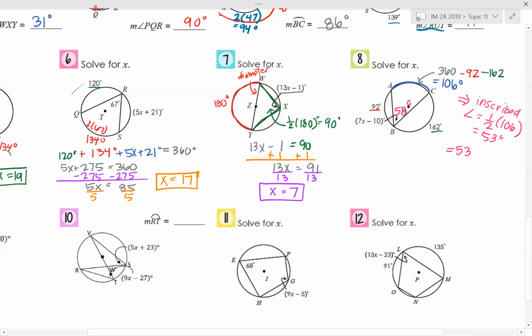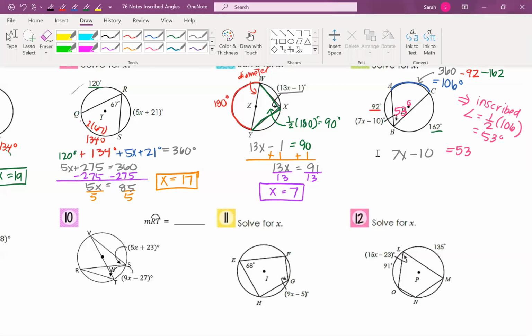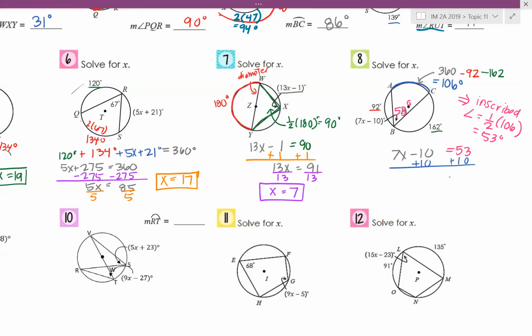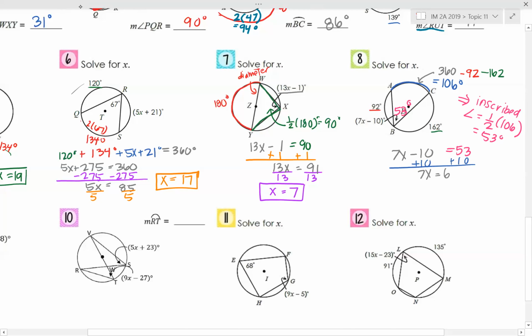So we know that the expression 7x minus 10 represents that inscribed angle. So if 7x minus 10 is equal to 53, then we want to add 10 to both sides. So that 7x is equal to 63. And then dividing by 7 gives us that x must be 9.